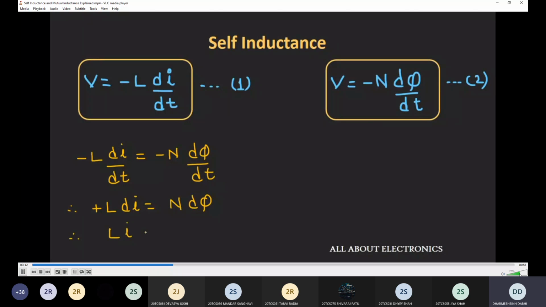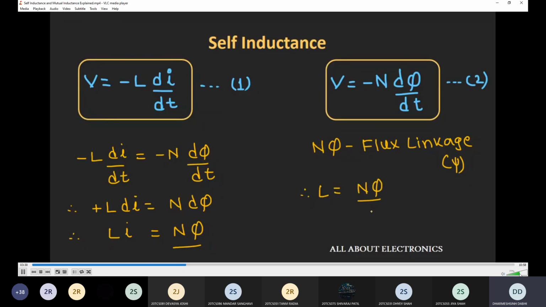That means L I = N phi. Here N phi is also known as the flux linkage, or magnetic flux linkage, and sometimes it is denoted by the symbol psi. So we can write L = N phi / I, or psi / I. This is the expression for inductance in terms of magnetic flux and current.